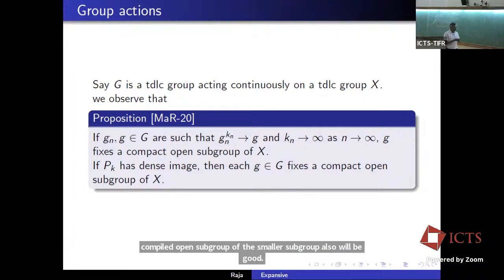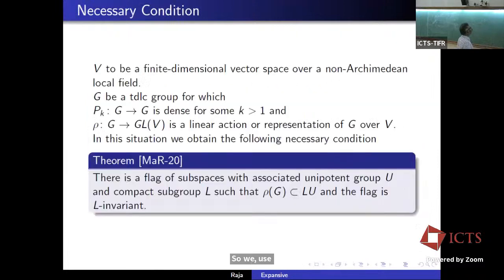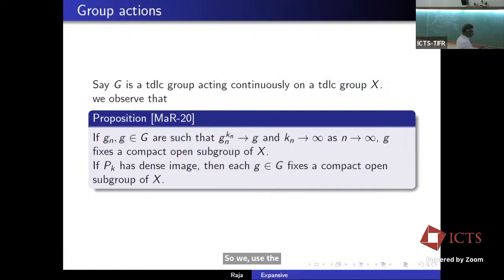Instead of directly, we are not able to apply, so we use the semi-direct product technique or linearization technique ideas to conclude this. In particular, when we apply this to the power map having dense image, each and every element fixes a compact open subgroup of the group on which the original group G acts. So that is something bigger. We'll see why it is more important.